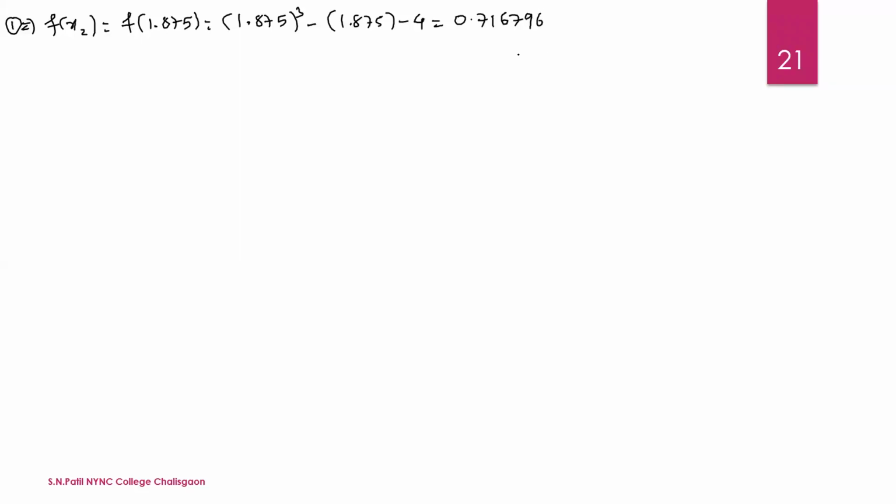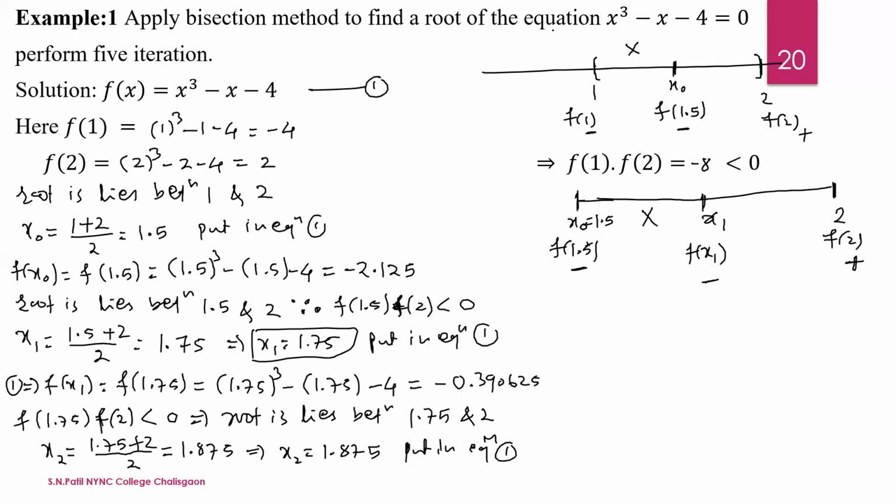Okay. Now here we get the positive value. See, the root lies between 1.75 and 2. Then we bisect this as x2.